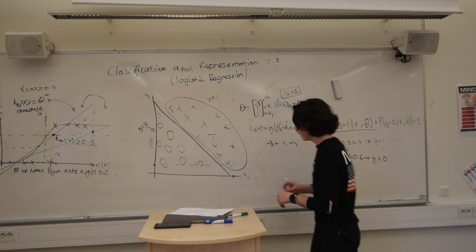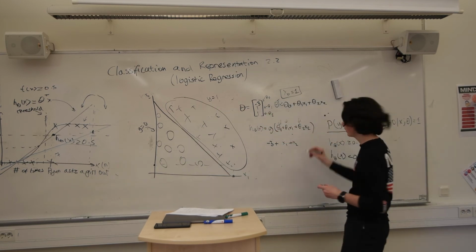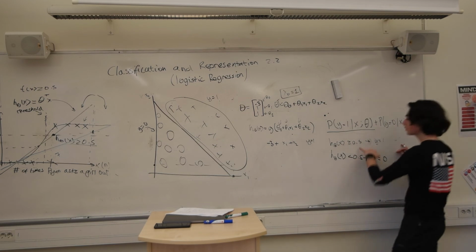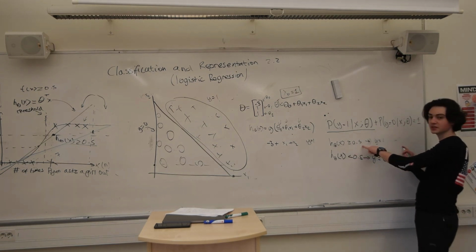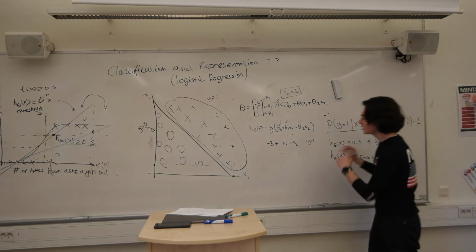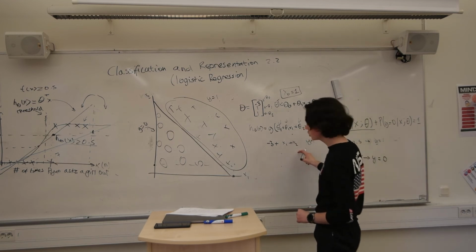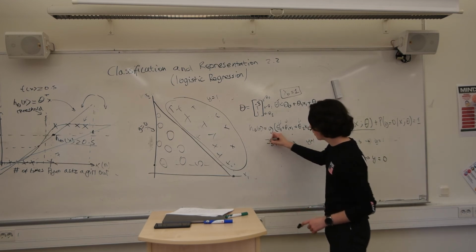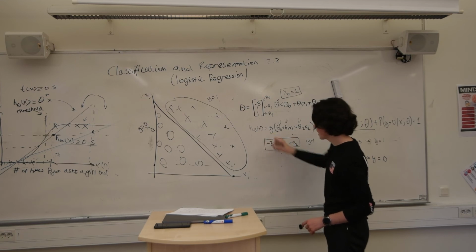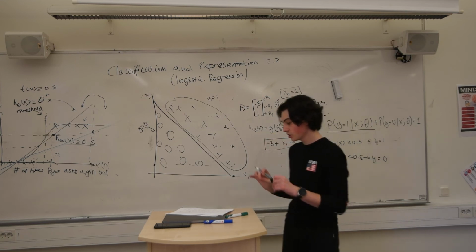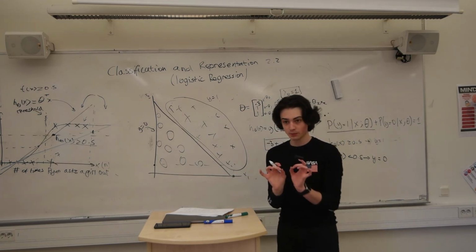So, if we want to predict that y equals 1, remember we said that we're going to have our h of x greater than 0.5. But to predict that y is 1, we're going to assume that the value of all of this is greater or equal to 0.